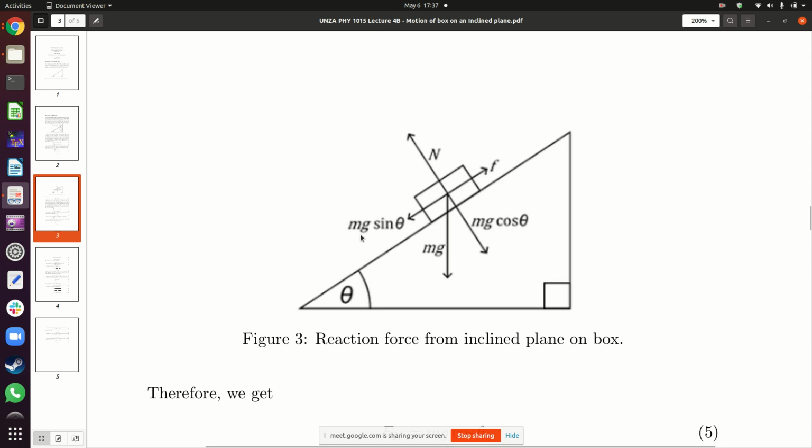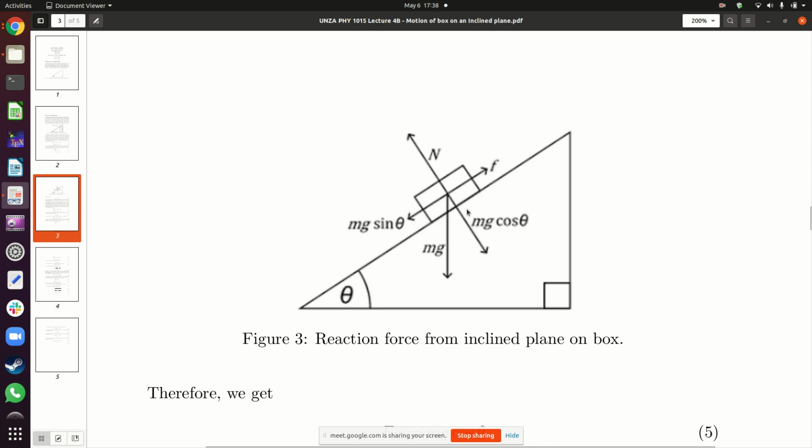Apart from this component of the weight pulling the box down, there is also another component of the weight, which is the y component, mg cos theta. This mg cos theta exerts a force directly on the incline, along our chosen y direction. The incline is not going to be happy, according to Newton's third law of motion. If you exert a force on a surface, that surface is going to push back against you.